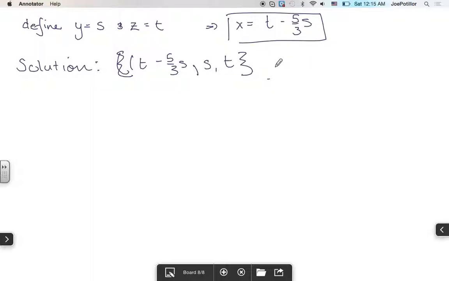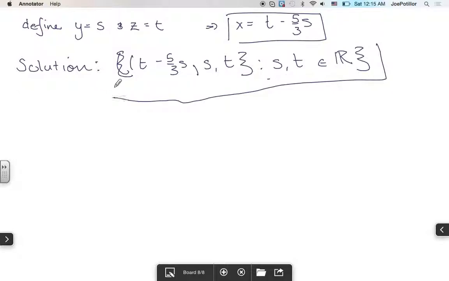And, of course, it's based on the condition that s and t are elements of the real numbers. So that's our solution set. Everything is defined in terms of the parameters.